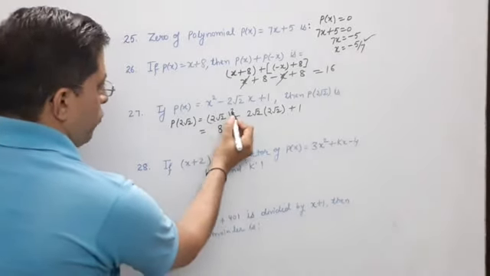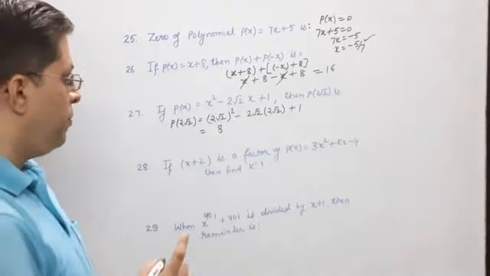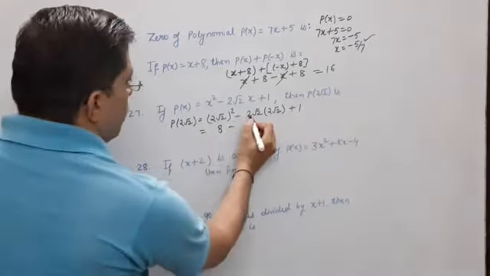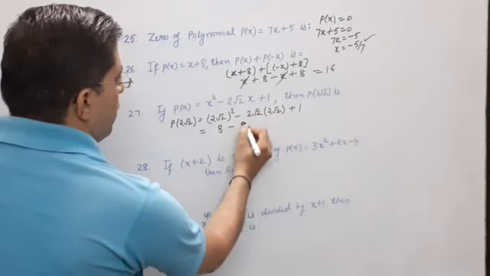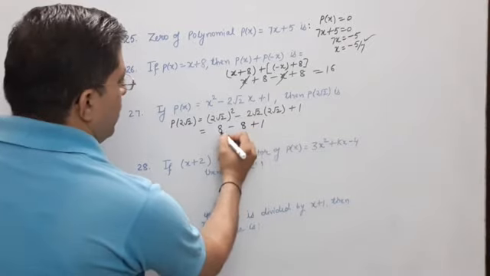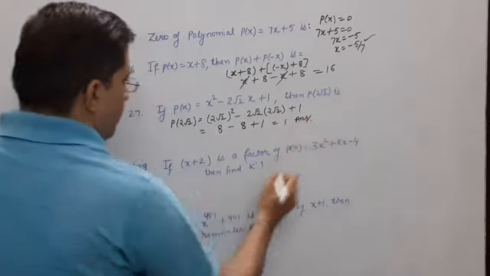Again, 2 square is 4, root 2 square is 2. That is your 8. Next one. 2 2s are 4, and root 2 into root 2 is 2. 4 2s are 8. 8 minus 8 is 0. Then 1 is your answer.